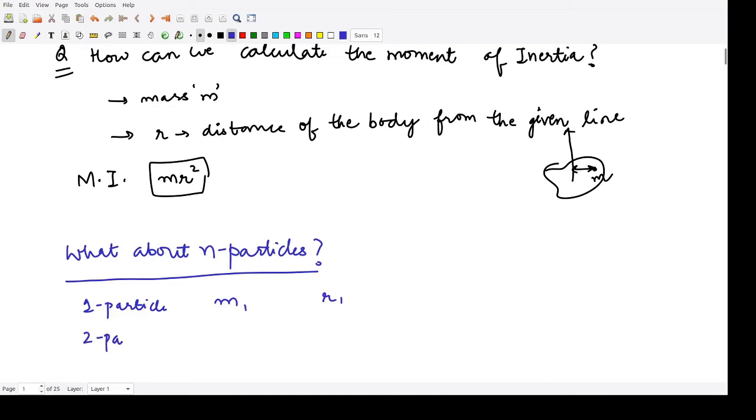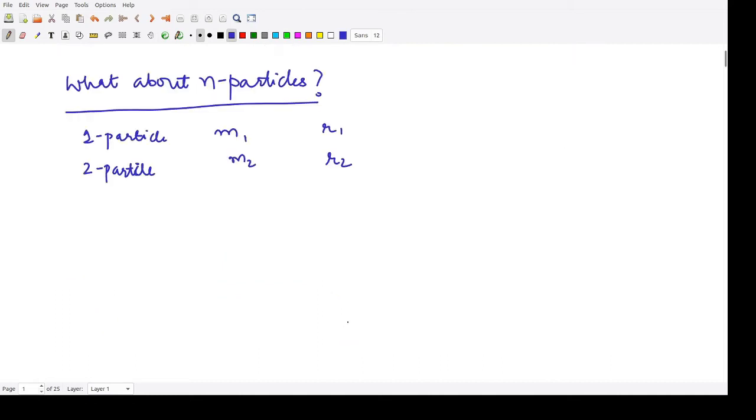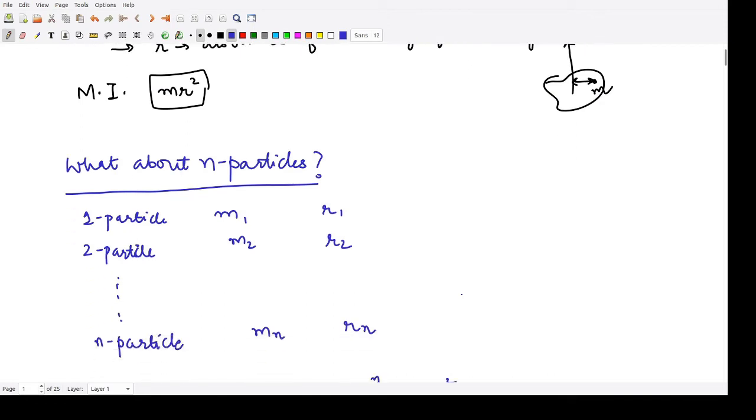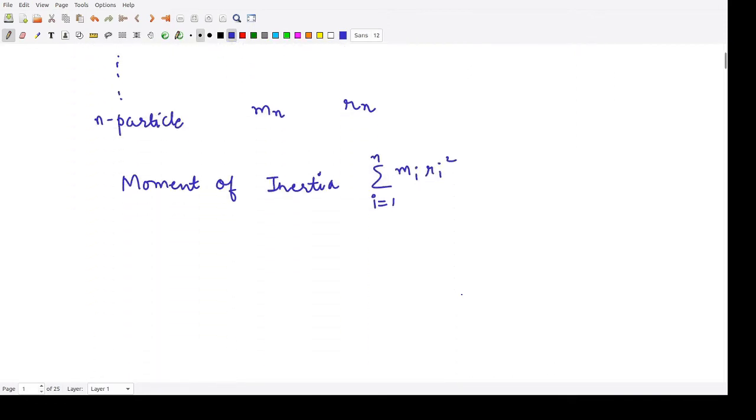For the second particle we have m2 as its mass and r2 as the distance, and then for the nth particle we say mn is its mass and rn is its perpendicular distance. Then the moment of inertia is calculated through this expression: summation i varies from 1 to n of m i r i square. So basically we are adding the moment of inertia of all the individual particles.